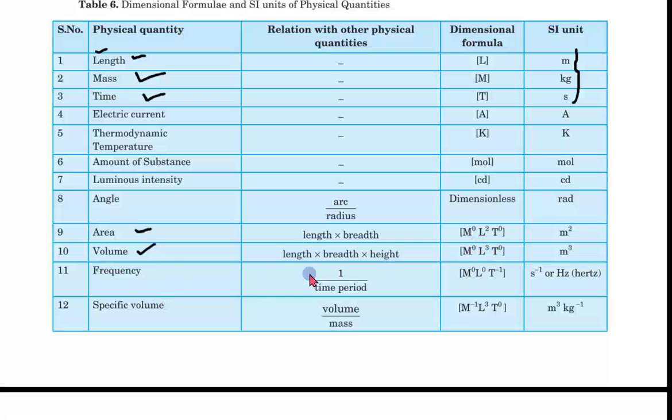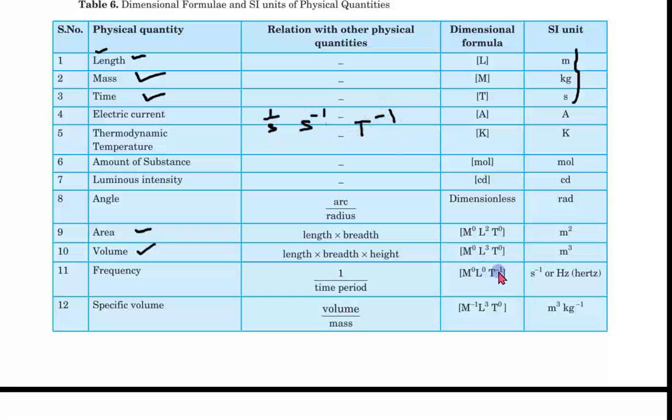Then frequency is 1 by time period, or just 1 by time. That means the unit will be 1 by second, which is second inverse. Second is time, so I can write it as time inverse.